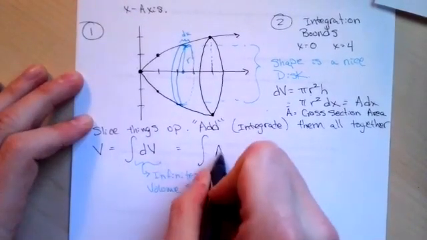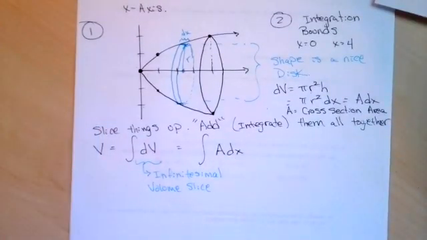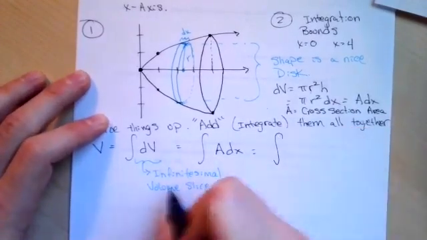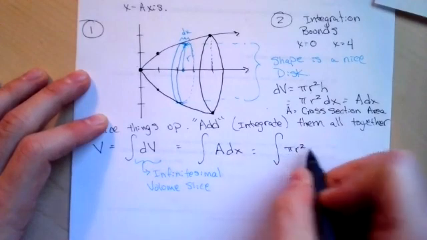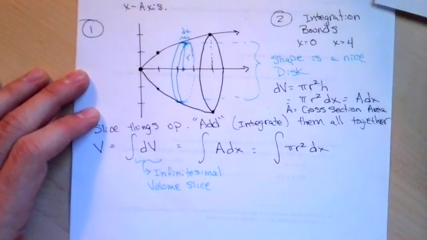So our volume was the area times dx. We know we have our area there. And our area was given by, in this case, pi r squared, dx. And now we need to figure out what our r is.